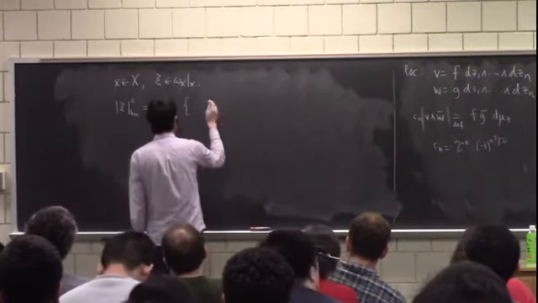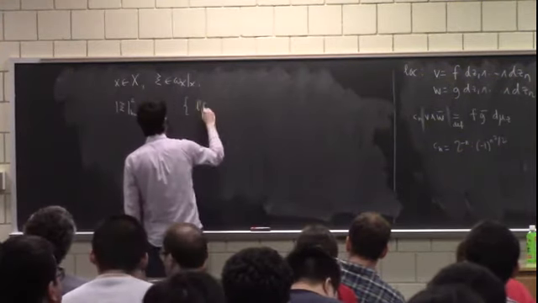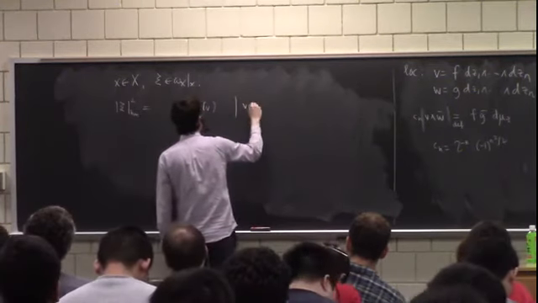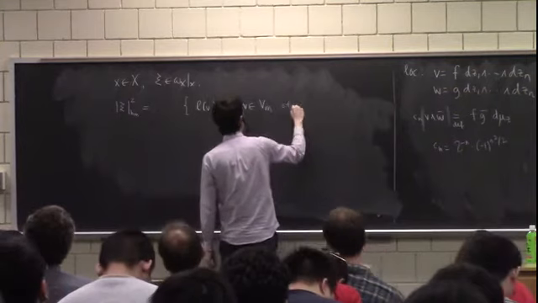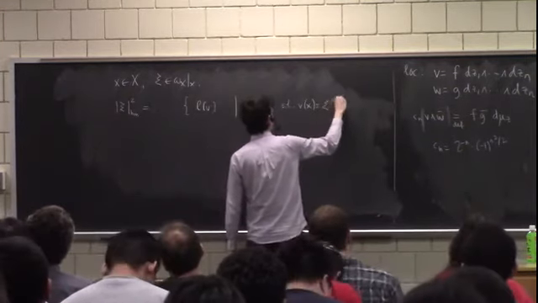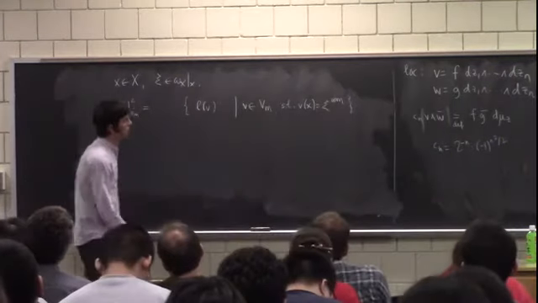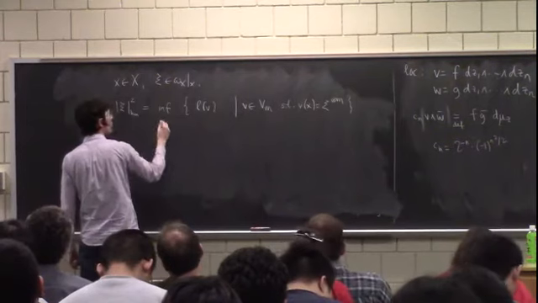So what I'll do is take the length of v, where v runs over all sections of omega x to the m such that at that point the value is the mth power of this. And then I'm going to take the infimum over all of these.